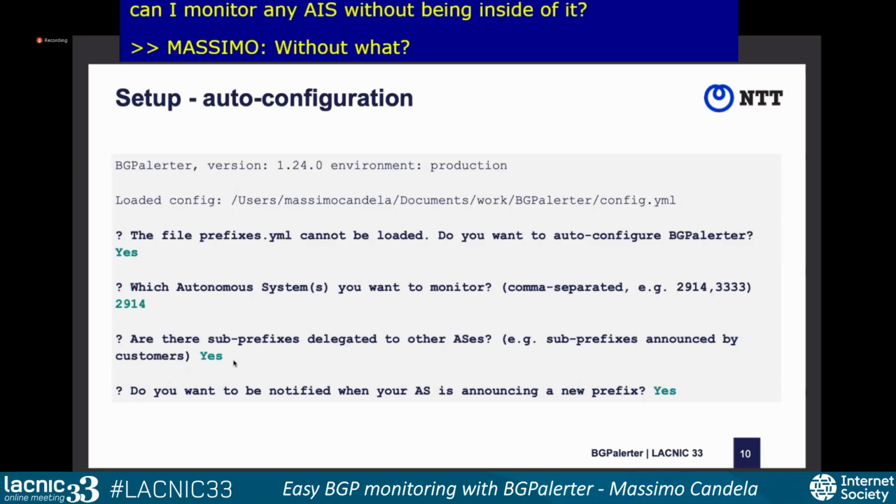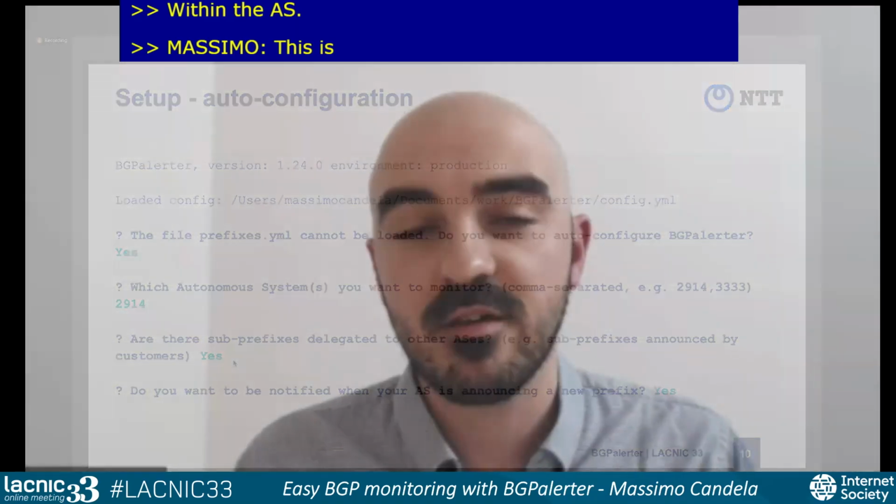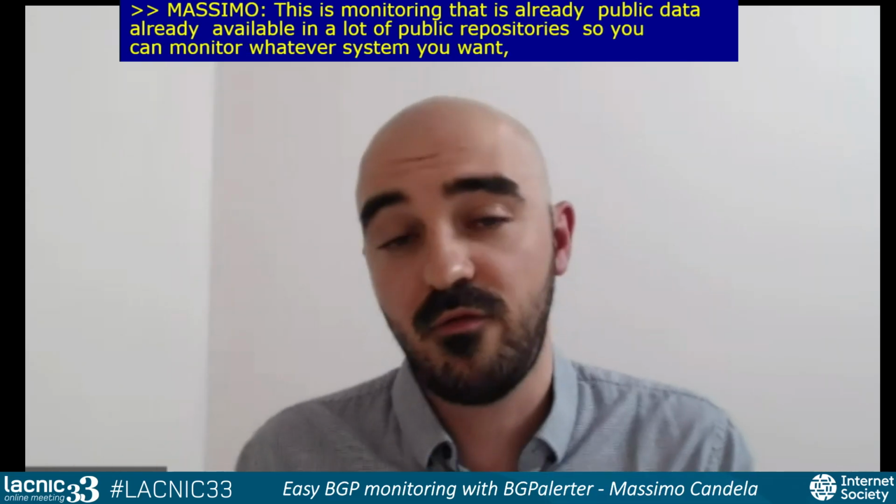Oh yeah. This is monitoring the default-free BGP, so it's all public data that is already available in a lot of public repositories. There is no secret whatsoever. You can monitor whatever autonomous system you want: NTT, Google, whoever.